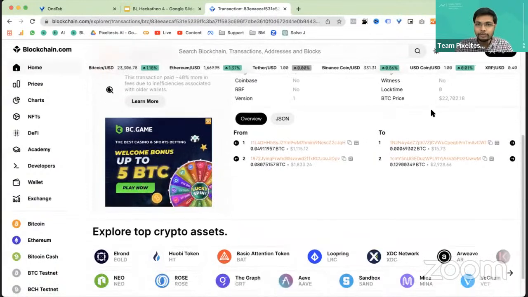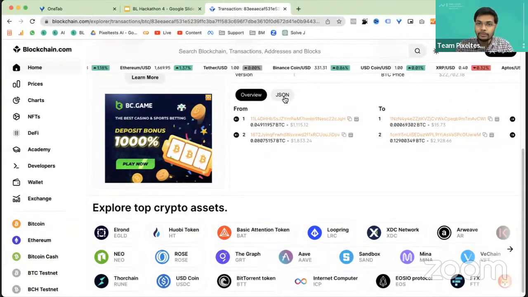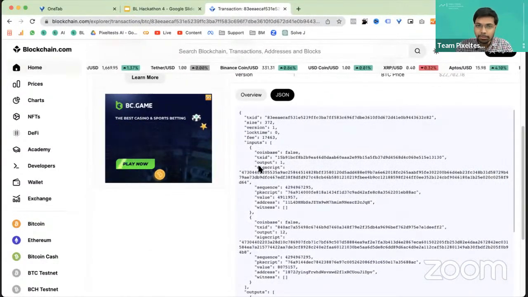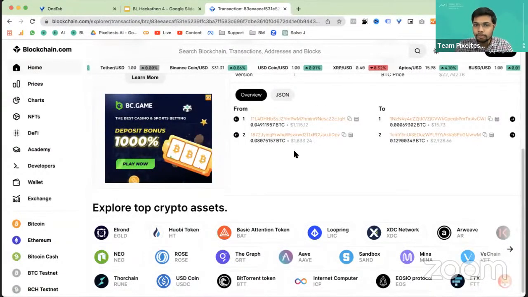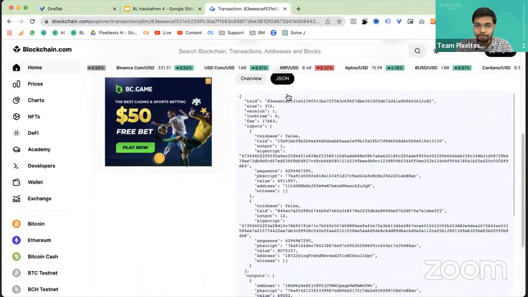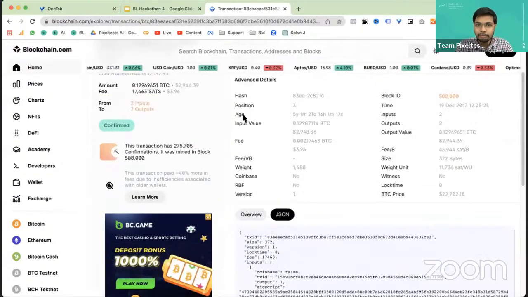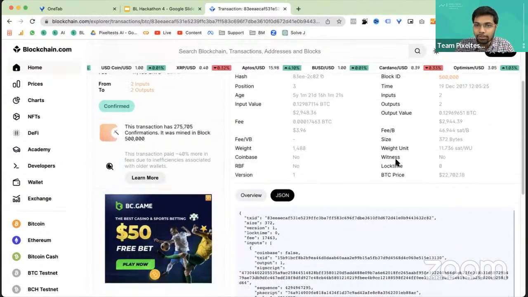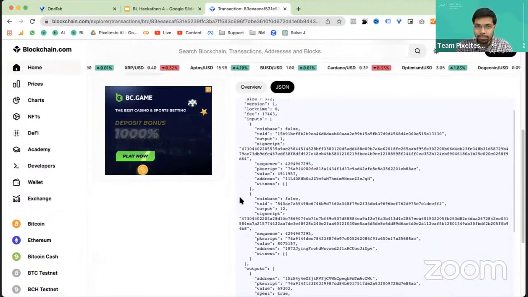But because we are trying to go granular into the transaction, we are going to understand more here in the JSON. If you click overview, you'll have the 2 inputs and 2 outputs. Now, if you go into detail, you can see that whatever inputs you are able to see here in a graphical view are also present here, with additional information as well, right?